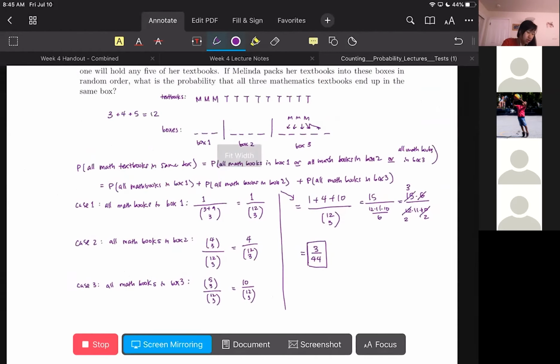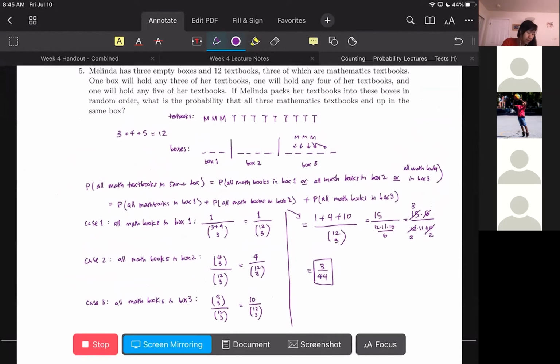Any questions on this solution? So one thing I'll note here is there's different ways that you could compute this probability.